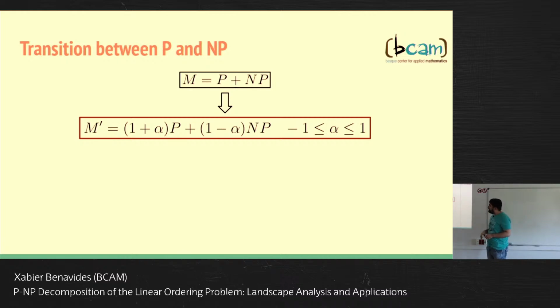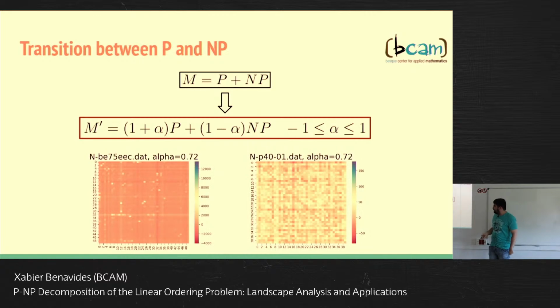Obviously, when alpha is equal to 0, this expression right here is just P plus NP, and therefore the output instance is just the original instance that we have decomposed. Okay? So what we can do here is to use this formula to create a set of modified instances with different values of alpha ranging from -1 to 1. That is, we can create a transition of instances between the P and NP components of the problem. Okay?